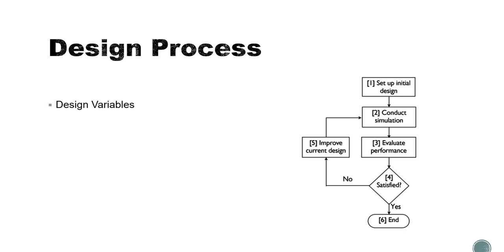In general, there are a few key terms that we need to look at. The first one is the design variables. The design variables are the variables that we select to change during the design process. Let's say we want to design a beam, and we select its thickness as a design variable.